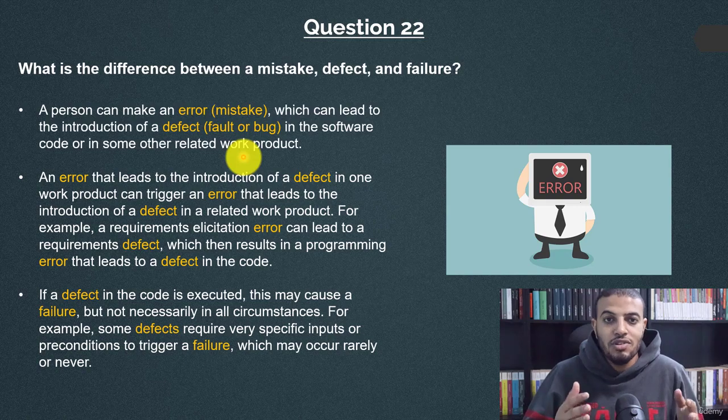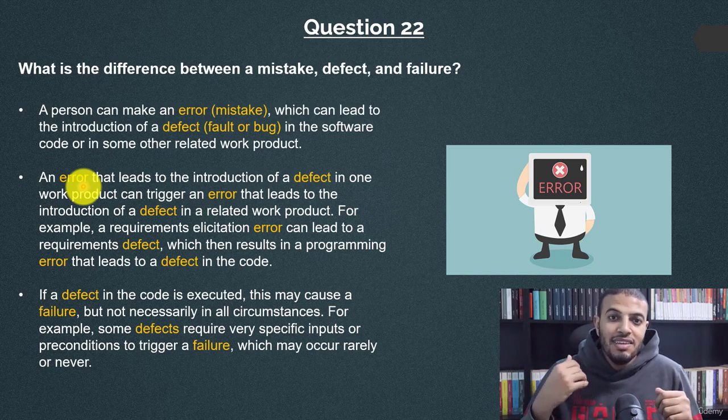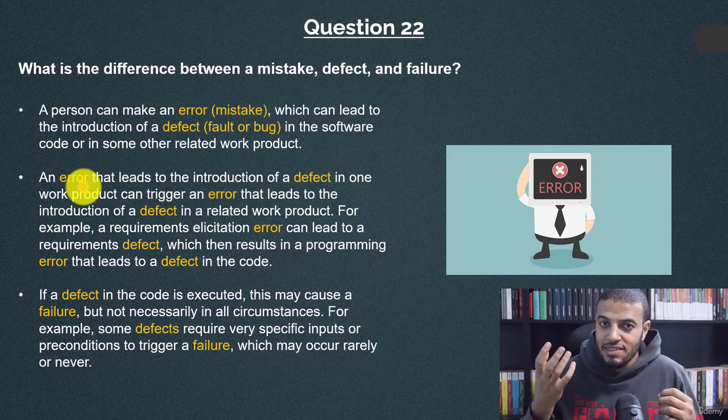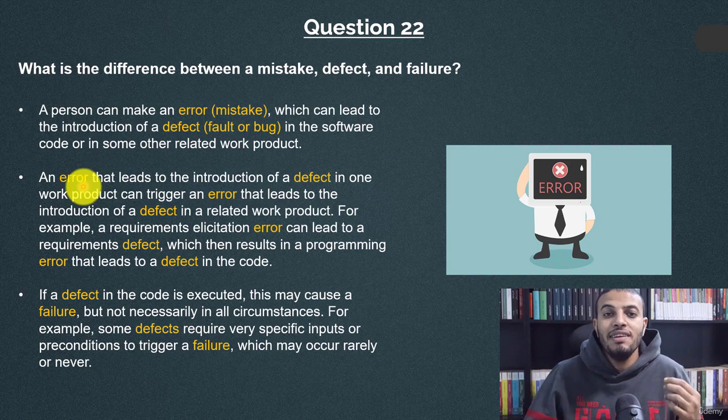In this case, this user story includes a defect that is based on the error or the mistake that the product owner has made. The error that happens in this work product, which is the requirements, in this case, can lead to an error in another work product. So like we said, the product owner made an error. This error caused a defect in the user stories or the product backlog.